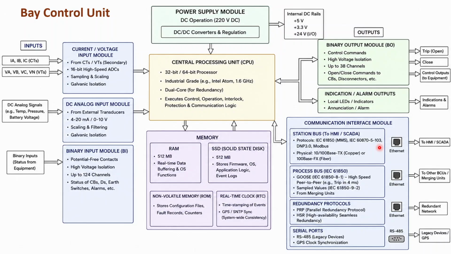And then there are redundancy protocols, and other types of legacy communication devices like RS485 and GPS clock synchronization and so on. So there are various other communication protocols and communication modules associated with these bay controller units. Okay.